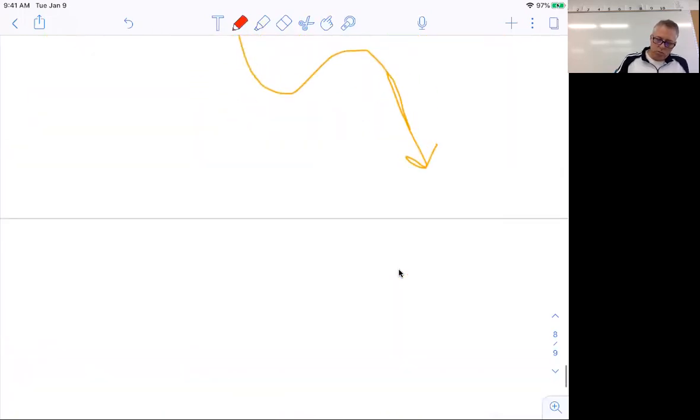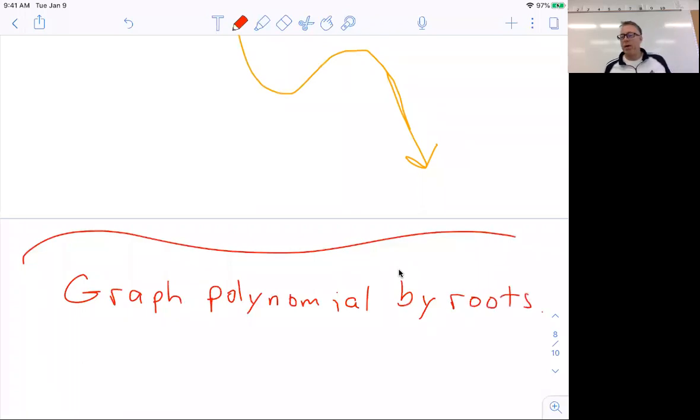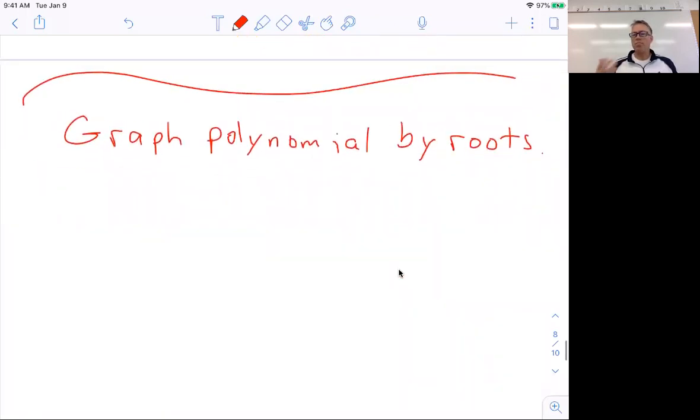All right, so what we're going to do here today is we are going to graph the polynomial. We'll start off graphing by roots. So I'm just going to give you a couple of roots, and we're going to draw some possible scenarios.